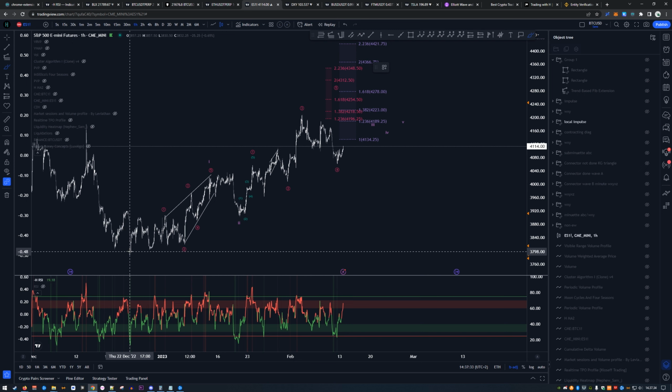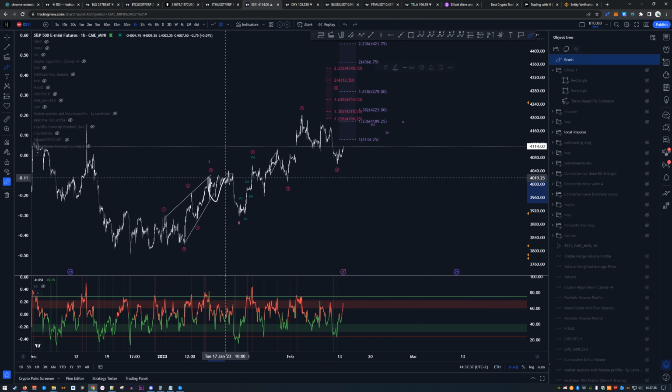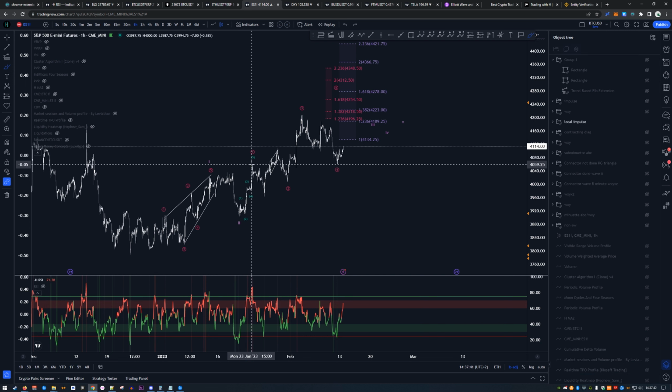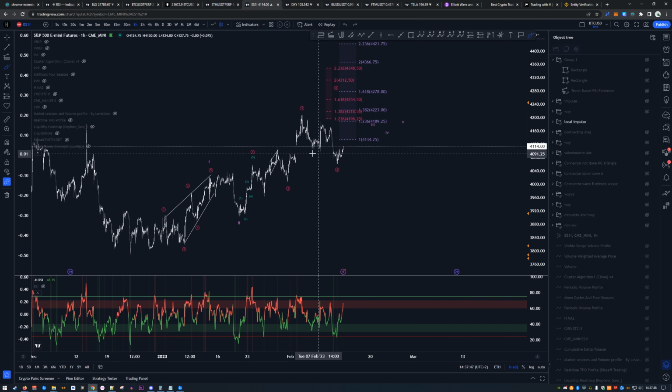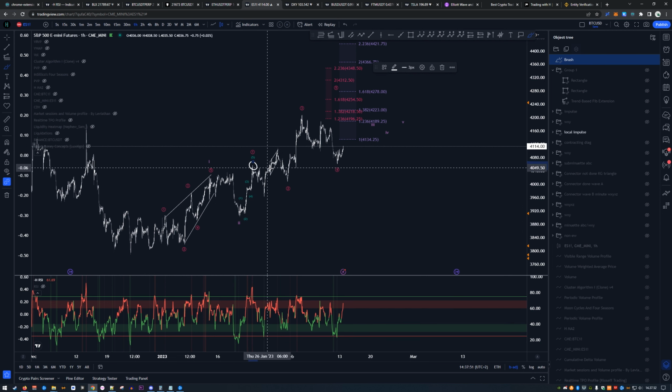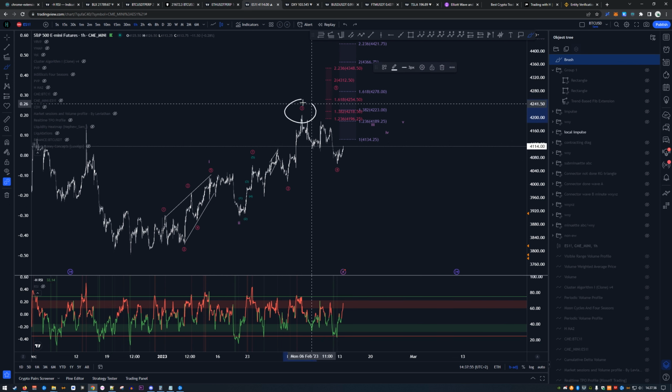Now before getting into the more local picture, let's check out the other possibility, which was the impulse wave structure. In here we would label this as a wave 1, 2, 3, 4, 5 into wave 1, 2, and another 1, 2, 3, 4, 5 into a lower degree wave 1 and wave 2. We had to move the wave 2 from these lows over here because we had overlap here. At this point, we still have yet to come back to these highs here. However, we did not get beyond the 1.618 here on that third wave, which is generally the target.